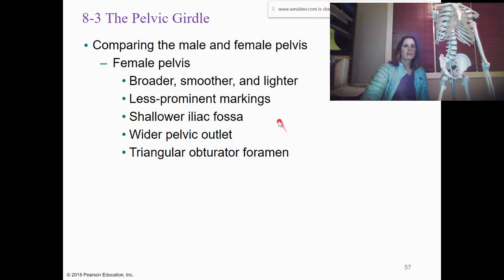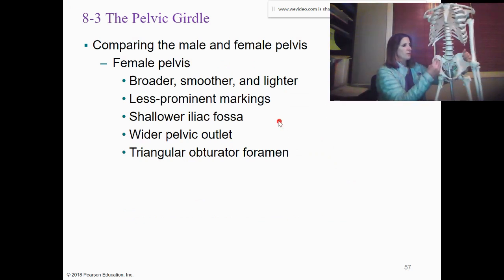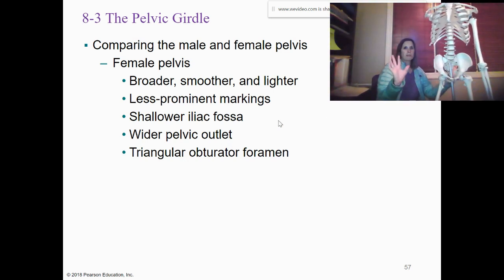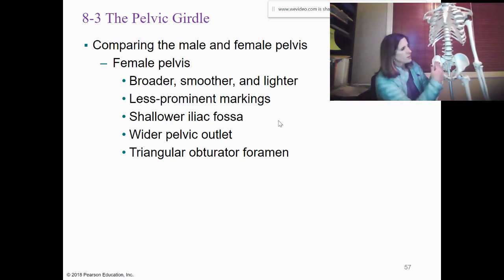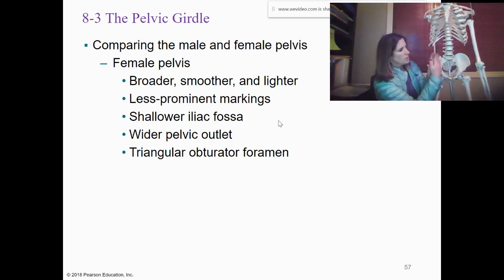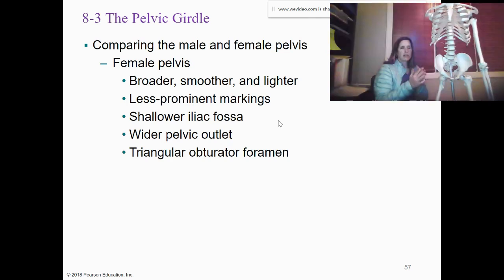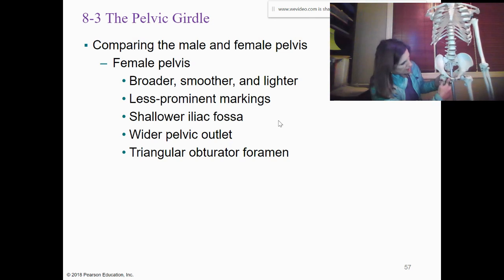But what I want to point out is, when you look to see if it's a female, you'll see that the iliums are more broad and smoother. It's shallower. Okay, this is the iliac fossa. A lot of times you'll see this come up more, and in a female, it's very shallow. It's a wider pelvic outlet, and the obturator foramen is going to be triangular.